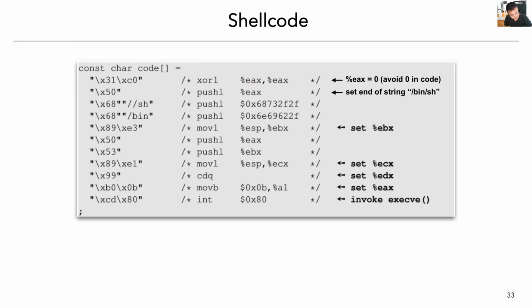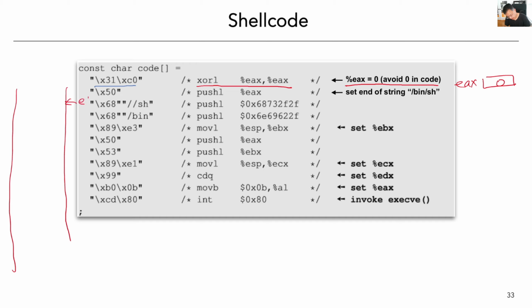Okay, so the first instruction is XOR EAX. When you XOR something with itself, you actually set EAX to 0, right? So let's draw the figure here. Now EAX is 0. Then let's draw the stack here. So this is the stack, and here is your current ESP.